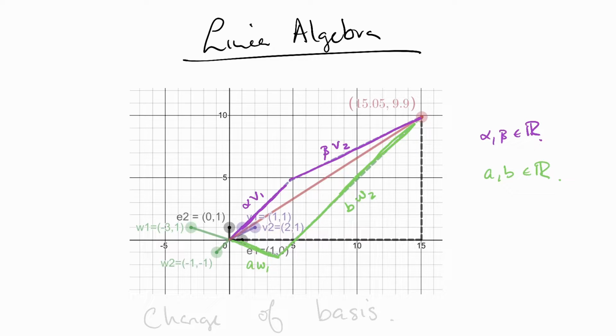So we can see that we can break down our red vector in terms of all of these bases. What we don't know is how to find the coefficients, alpha, beta, A and B. That's what we're going to be doing today. We're going to be doing change of basis. All right, let's go.